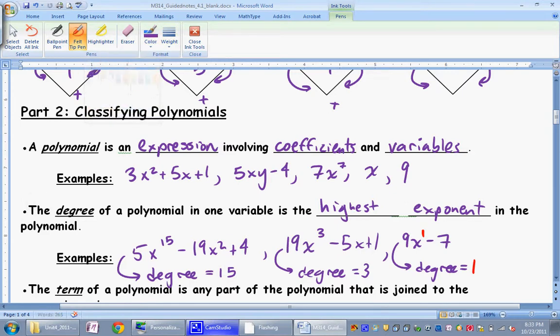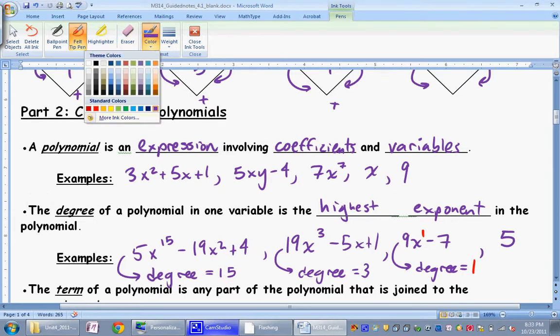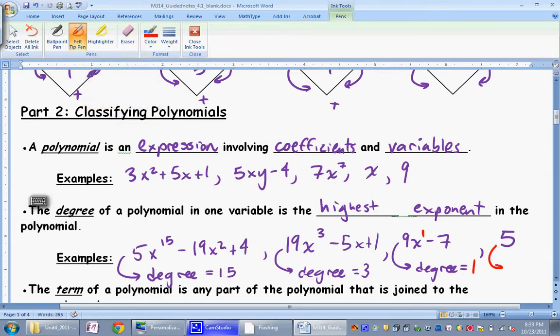The last one I'll put up here is just the number 5. The number 5 actually has a degree of 0. The degree is equal to 0. And the reason for that is you could think of 5 as 5 times x to the 0th power, because x to the 0 is just 1. So yeah, that's the definition of the term degree.